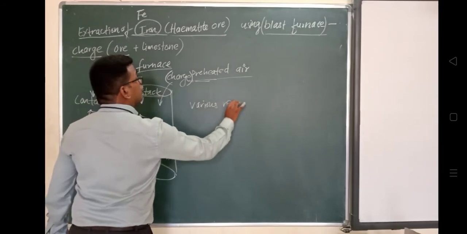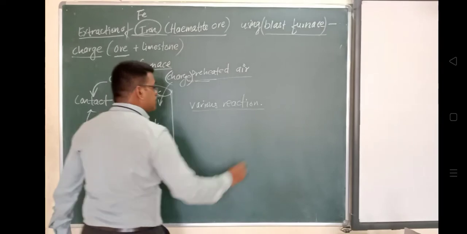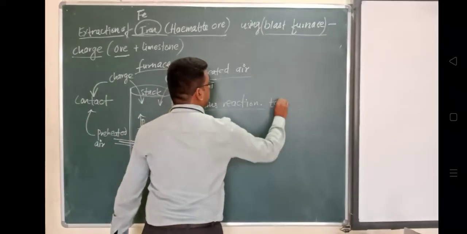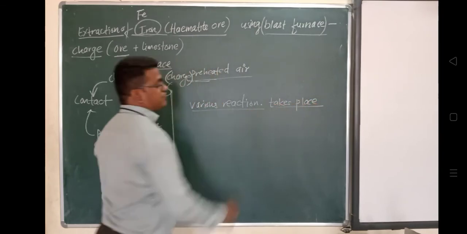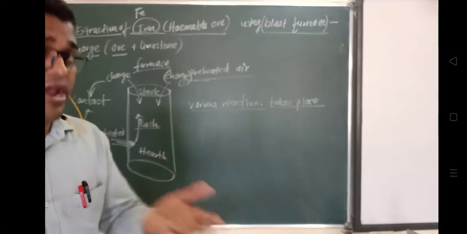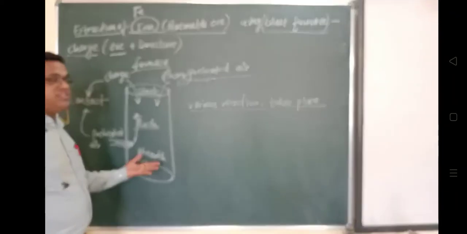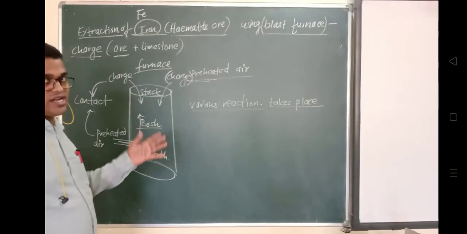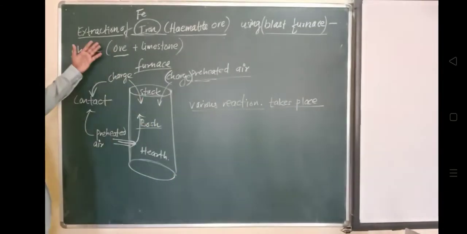When the charge, which is moving down, and the preheated air, which is moving up, come in contact, some chemical reaction takes place. What is that chemical reaction that takes place when these two come in contact with each other? That we have to study right now.